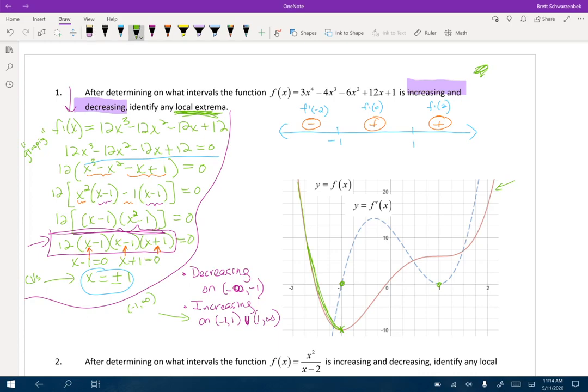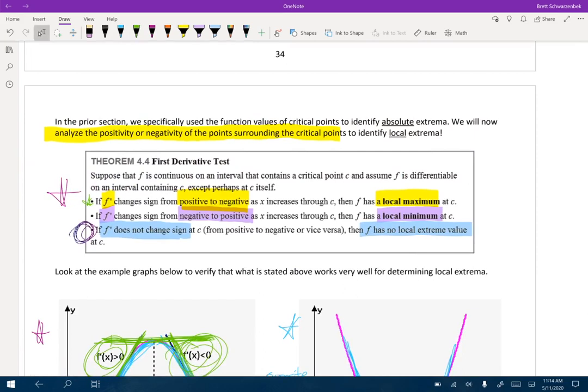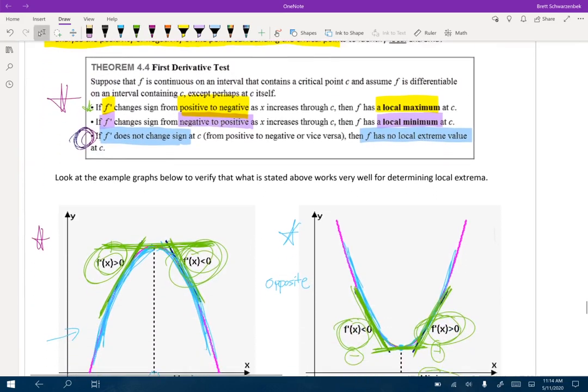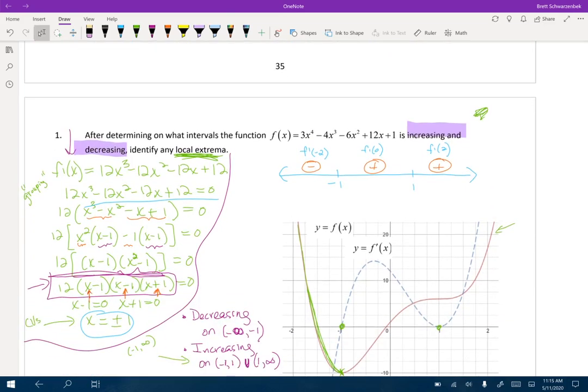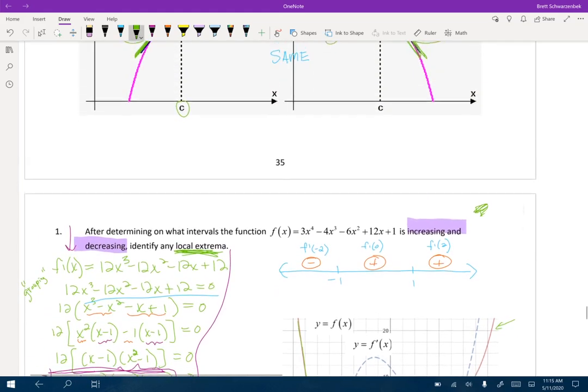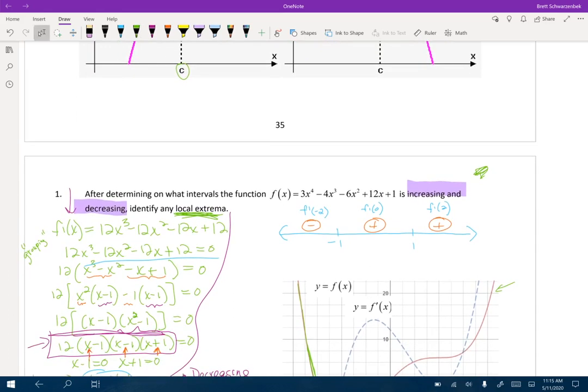This is where our first derivative test comes in, right? This is what I tell students to do. At -1, it appears that the sign is changing from negative to positive. Anytime the sign changes, that means we have a local extreme point.